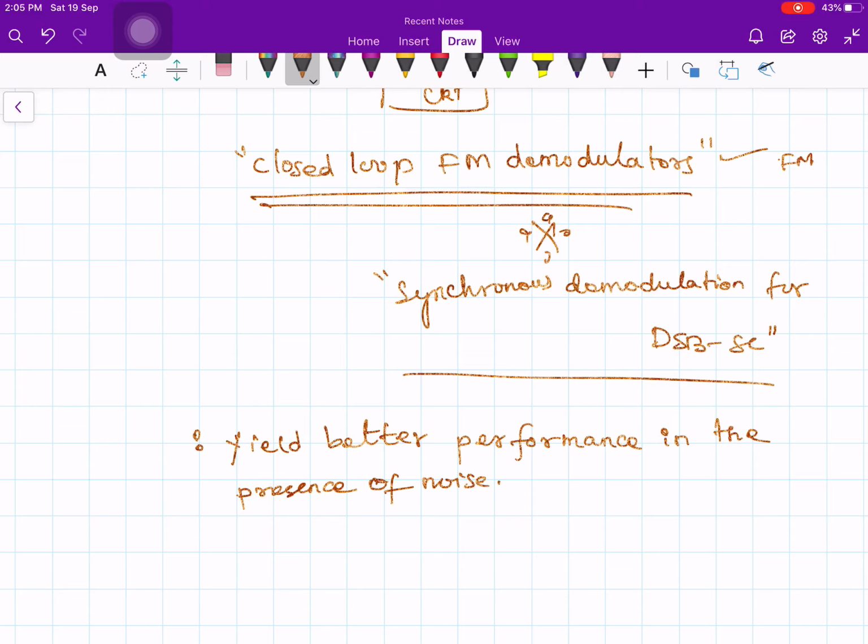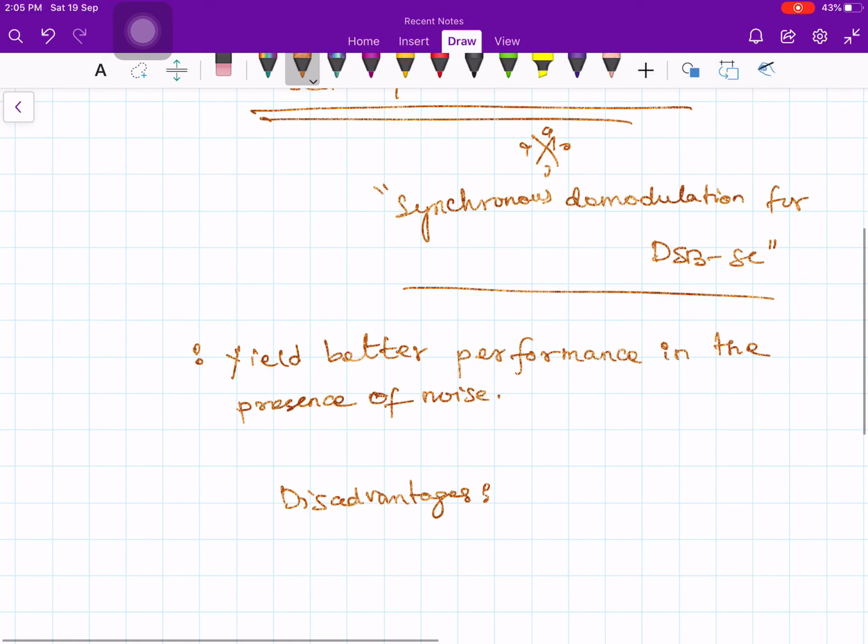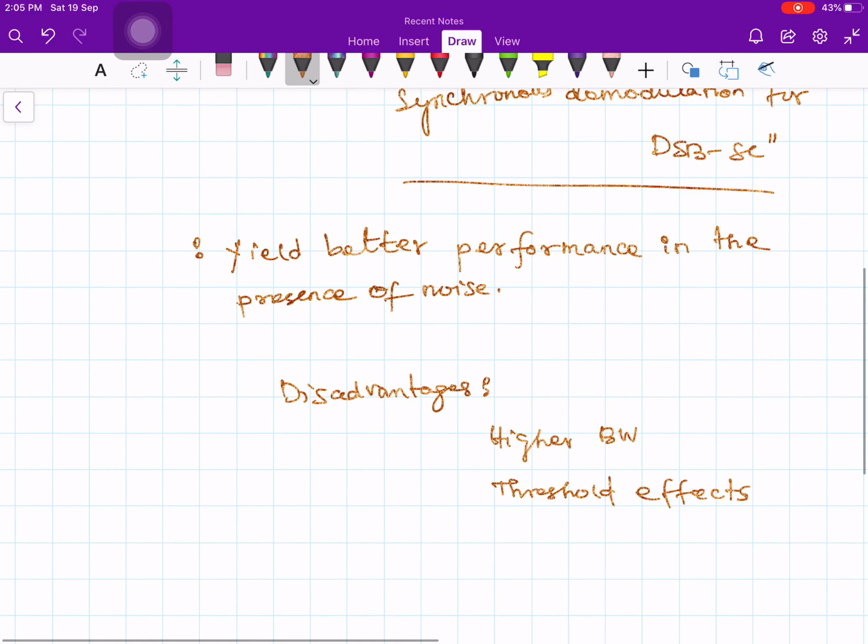The other disadvantage is that it displays a phenomenon which is called threshold effect. So one is higher bandwidth and the other one is threshold effect. This threshold effect occurs only in FM, not in AM, only in angle modulation.